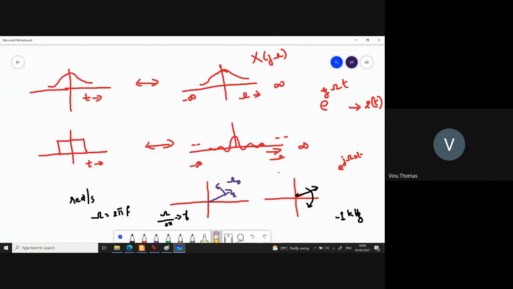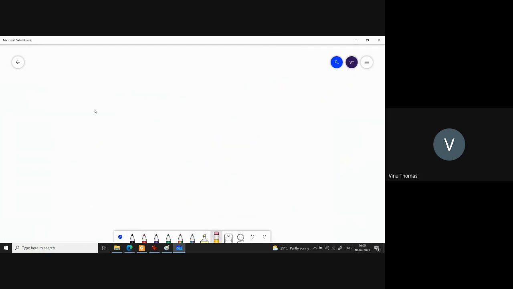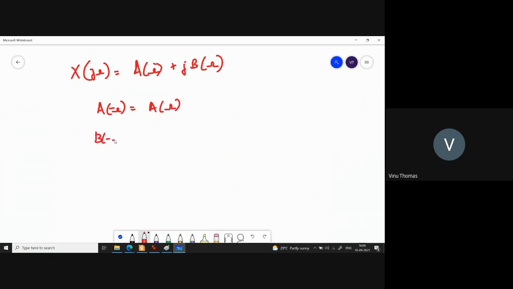So let me look at the real parts and imaginary parts. If I write X of j omega is equal to A of omega plus j into B of omega, then for a real signal, this is conjugate symmetric, which will mean that A of minus omega is equal to A of omega, and B of minus omega is equal to minus B of omega.